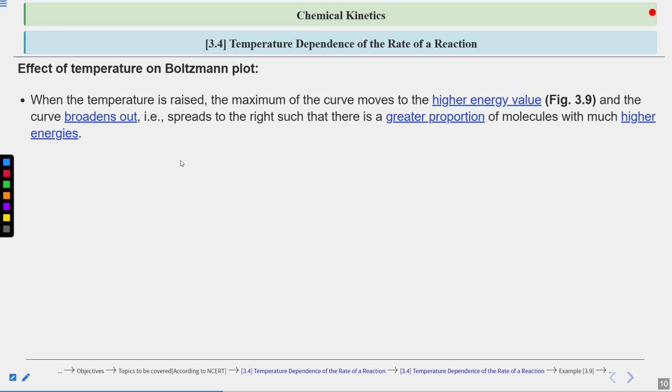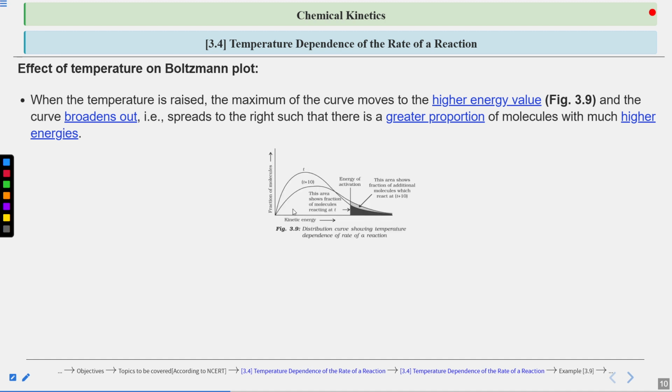Since the y-axis represents the fraction of molecules, if the curve broadens out, the area under the curve, which shows the fraction of molecules having a particular kinetic energy, increases. So when the curve broadens and spreads to the right, a greater proportion of molecules will have much higher energies.